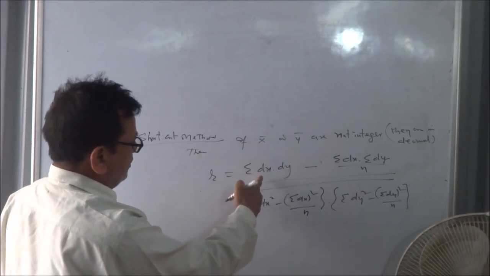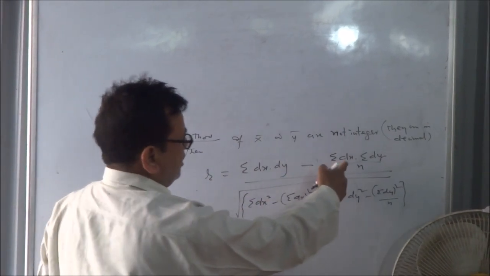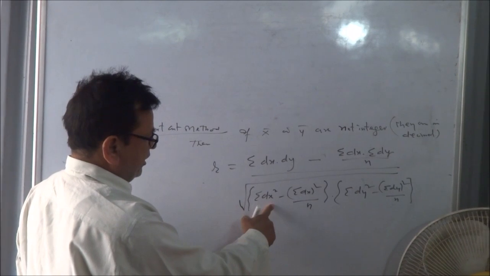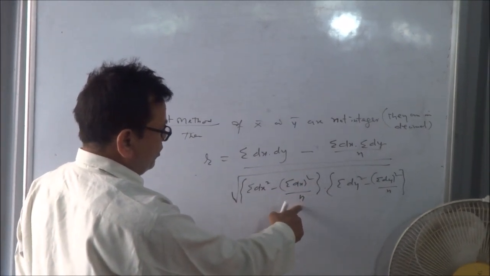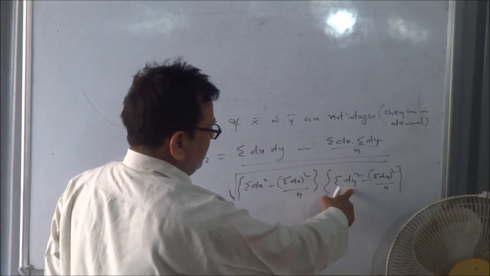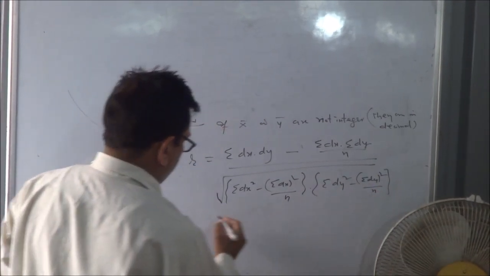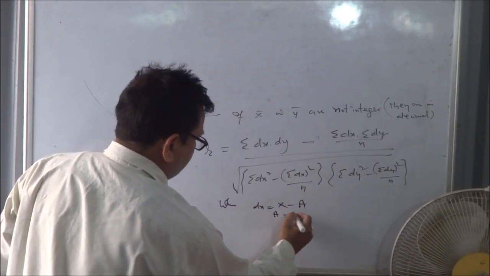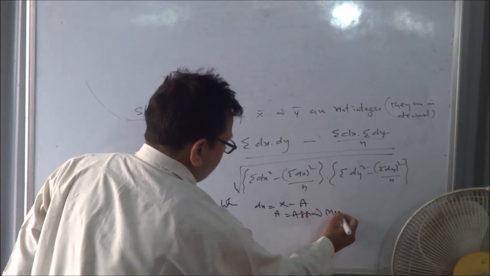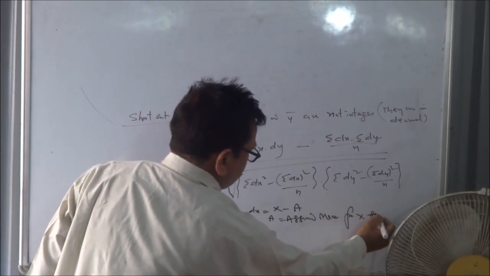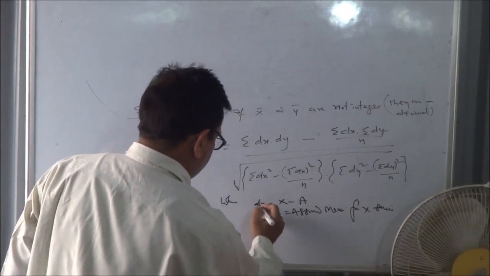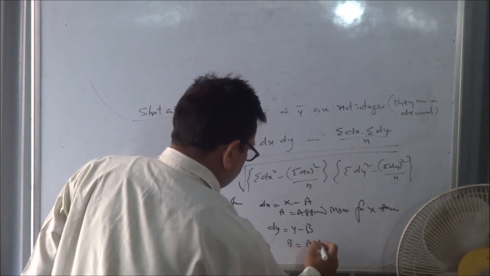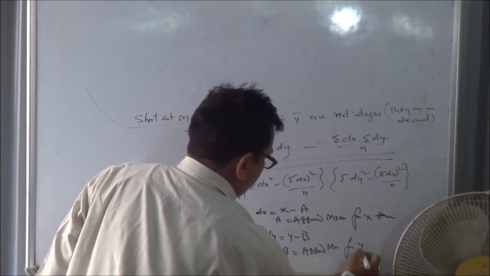R equal to summation dx into dy minus summation dx into summation dy upon n, upon under root of summation dx square minus summation dx its whole square upon n, into summation dy square minus summation dy its whole square upon n, where dx is equal to x minus a, a is the assumed mean for x series, and dy is y minus b, where b is the assumed mean for y series.